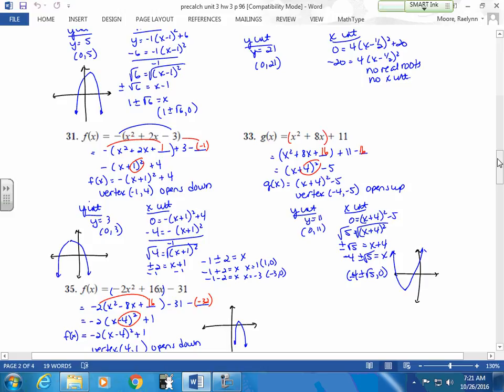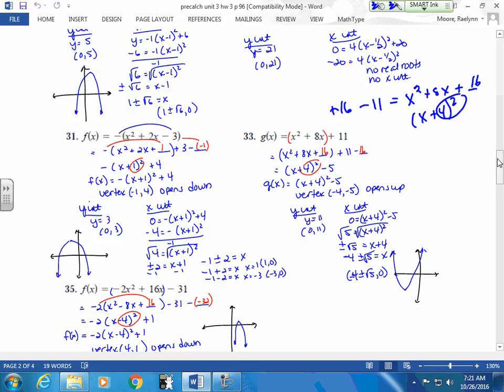Okay, so we're going to start here, and do it this way. We're going to take half of this and square it. This becomes 16. I add 16 here. So this becomes 5, right?